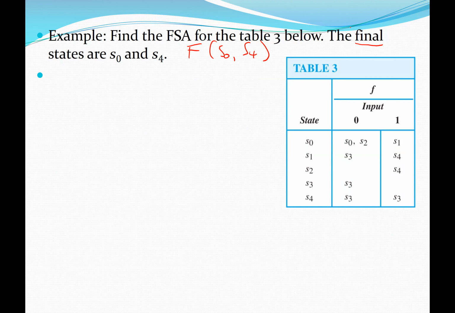All right, and then S0 sends 1 to S1, and then S1 sends 0 to S3, and then S1 sends 1 to S4. All right, and S2 sends nothing on 0, to nowhere, and then sends 1 to S4. Okay, and then S3 sends 0 to S3, and that's it. S4 sends 0 to S3, and also 1 to S3.